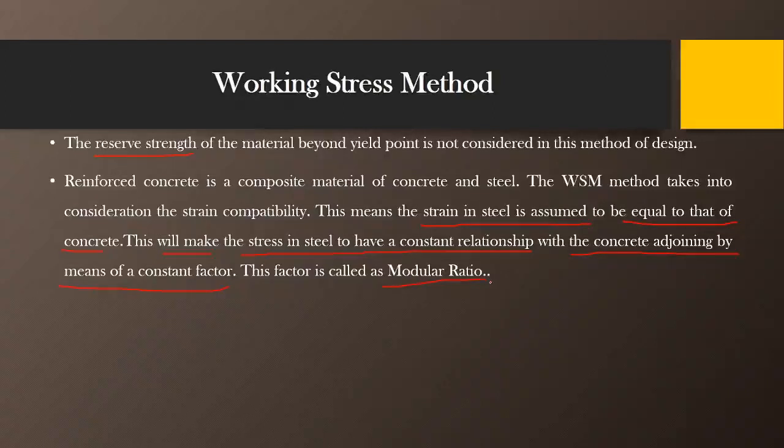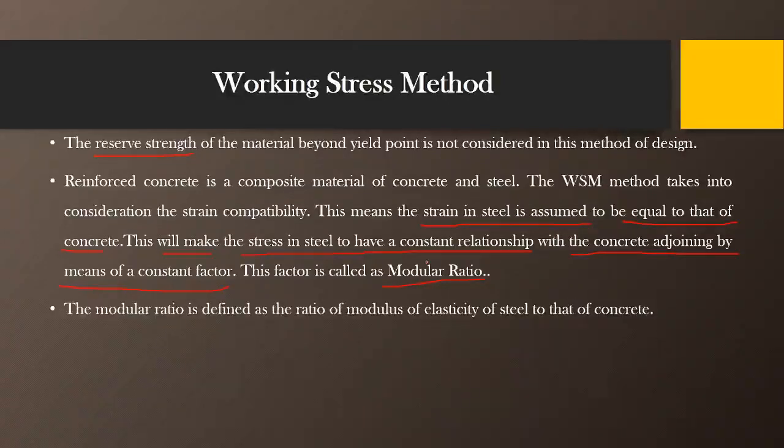To fulfill the condition that strain in steel should be equal to strain in concrete, we have to consider one standard factor, which is called the modular ratio. The modular ratio is the ratio of the modulus of elasticity of steel to the modulus of elasticity of concrete, so that we get the strain in steel and strain in concrete equal.